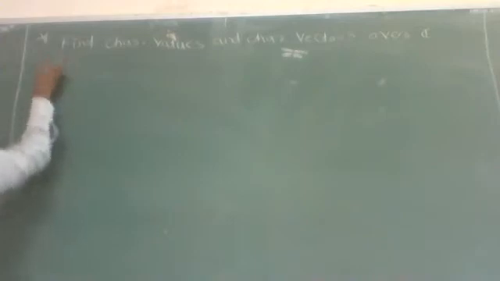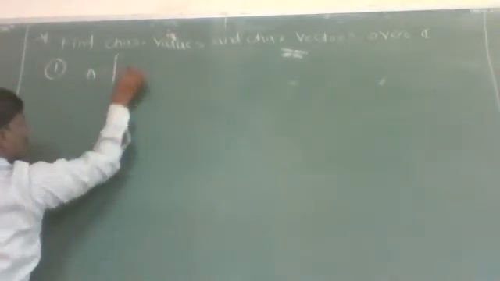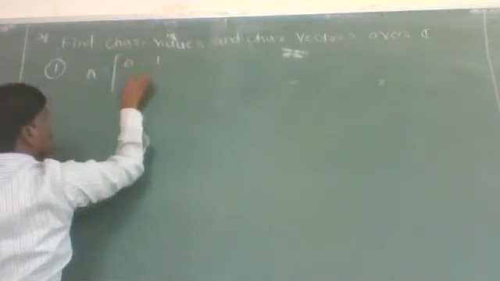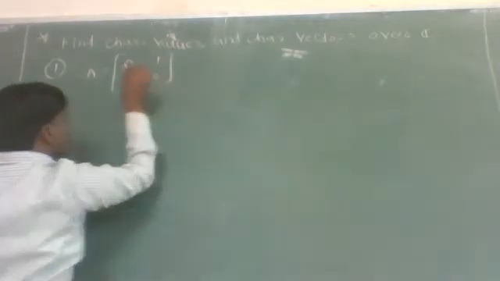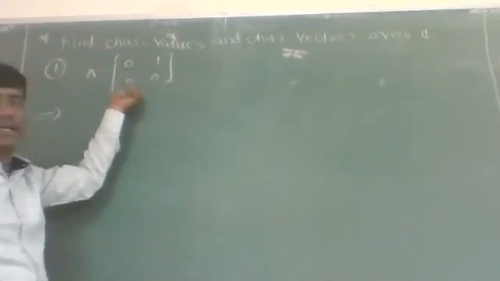First one, matrix A equal to 0, 1, 0. Now we have to find out the characteristic values and characteristic vectors of this matrix A.